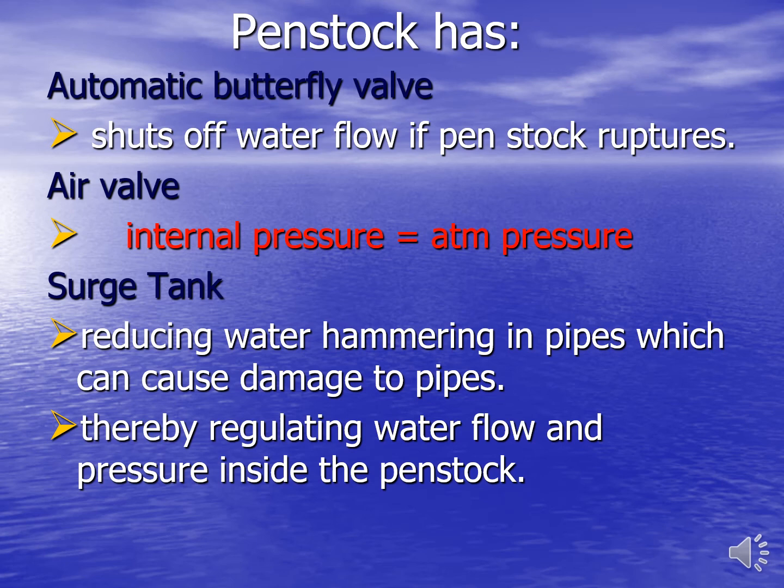So we provide the surge tank in the penstock, or outside the penstock, or near the turbines. We can prevent damage to the pipes and regulate the water flow, meaning how much pressure and discharge is required. And importantly, we can maintain the pressure inside the penstock, right?